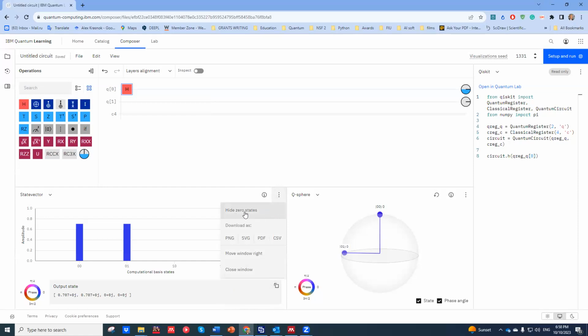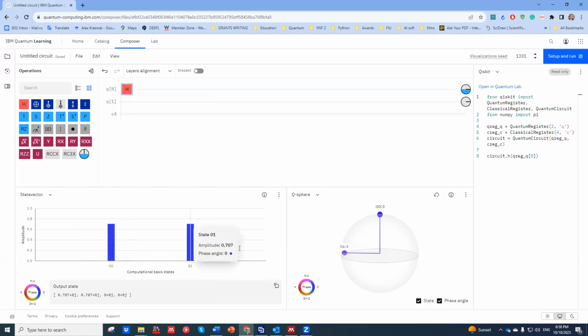I can hide the 0 states, so basically we have the superposition of 0, 0 and 0, 1. They are with the same phase, angle 0. And this state is separable because I can represent it as a product of state 0 and state 0 plus 1.